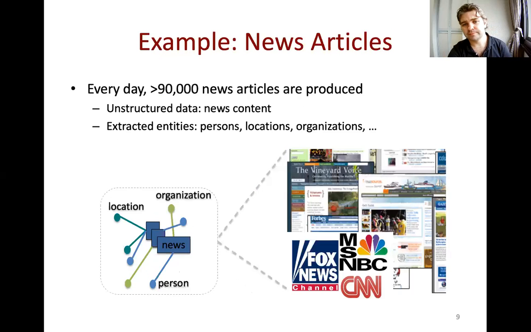Every day we get more than 90K news articles produced, and the content is unstructured data. You can extract some entities from there, such as persons, locations, and organizations, and that will be the structured data.